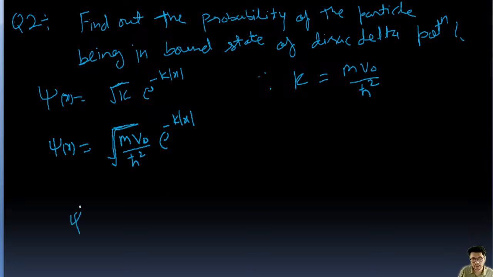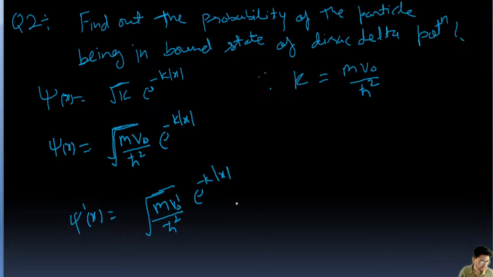And psi dash x is going to be similar to this, root m V naught dash upon h cut square e to the power minus k mod x. Now we need to find the probability, and we know the probability formula: it is the mod square of the expectation value of psi dash x psi x.